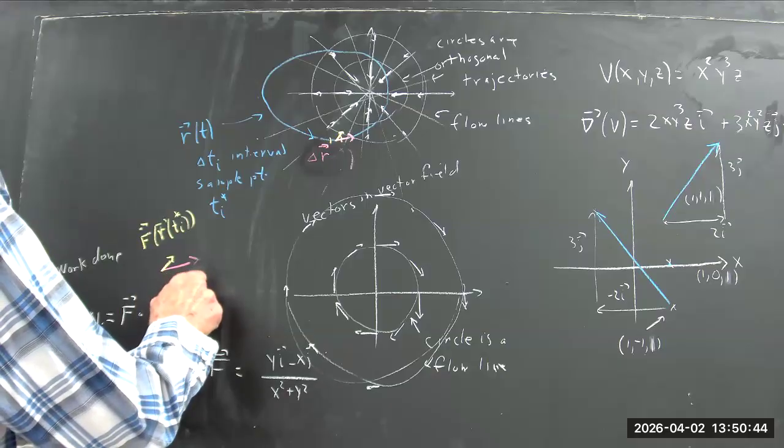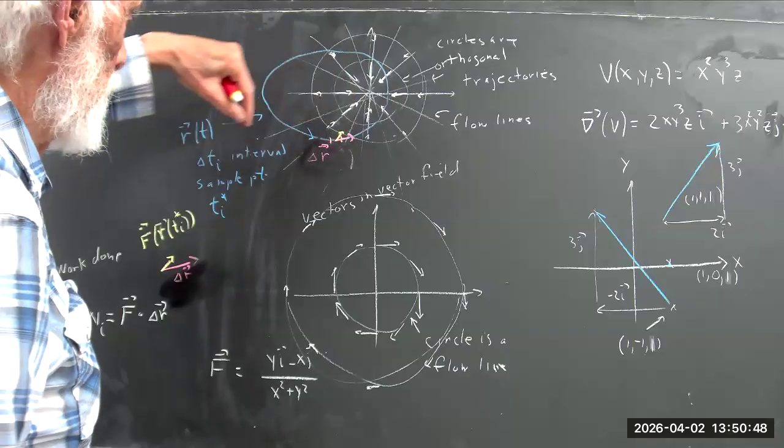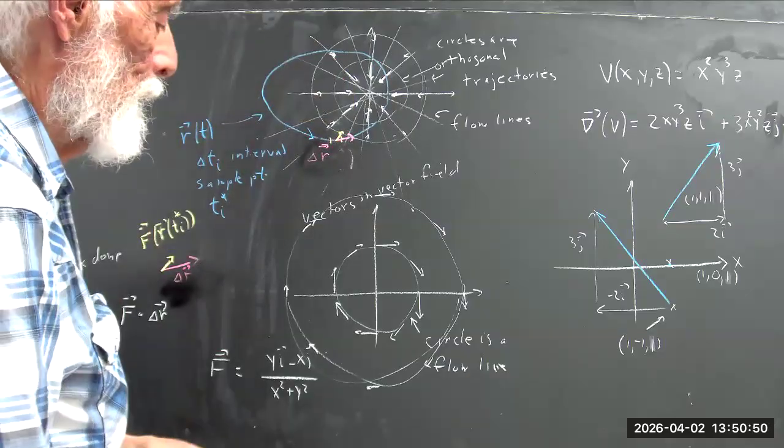So this is your delta R vector corresponding to this interval, delta ti.